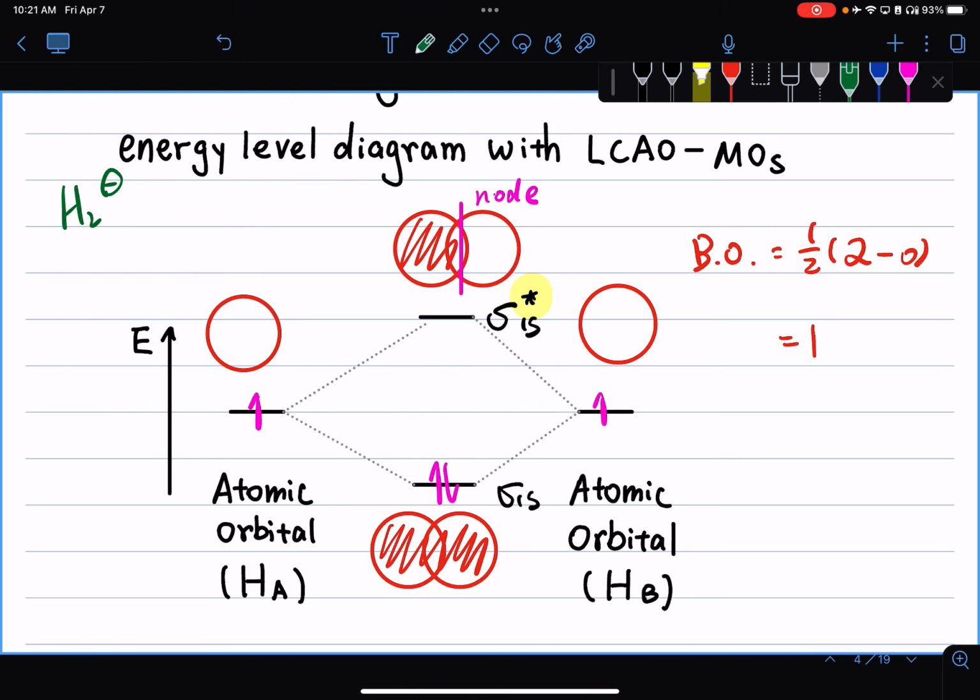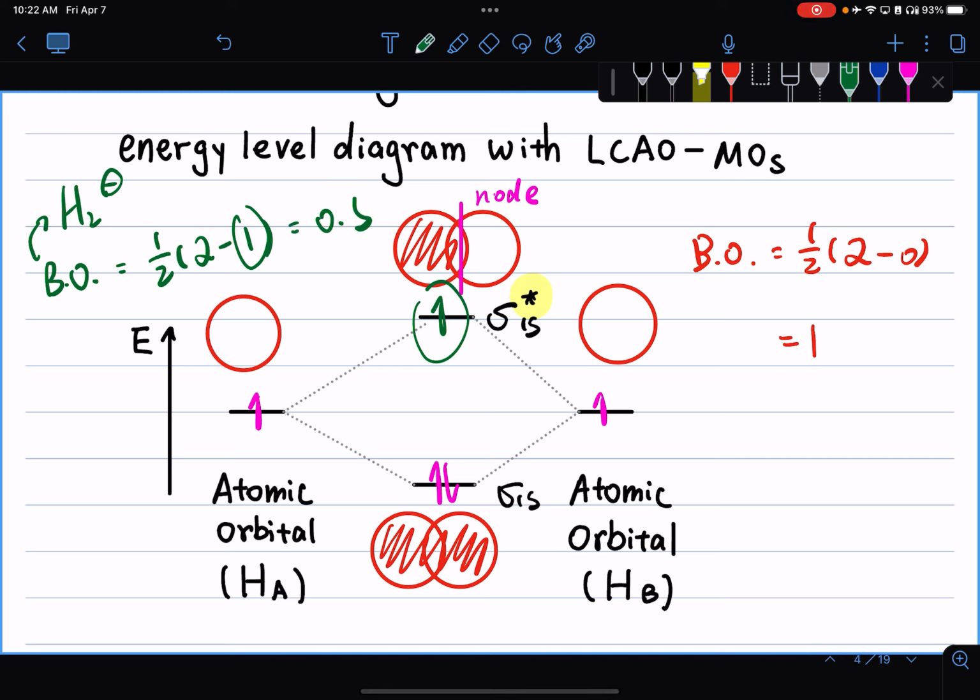Assuming now we have this additional green electron occupying that anti-bonding molecular orbital, our new bond order of this H2 minus will be 1/2 times 2 minus 1, this 1 coming from this electron in the anti-bonding MO. And we end up with a smaller bond order or a much weaker bond. So it depends on how many electrons you have. We just fill in the molecular orbitals from the bottom up.